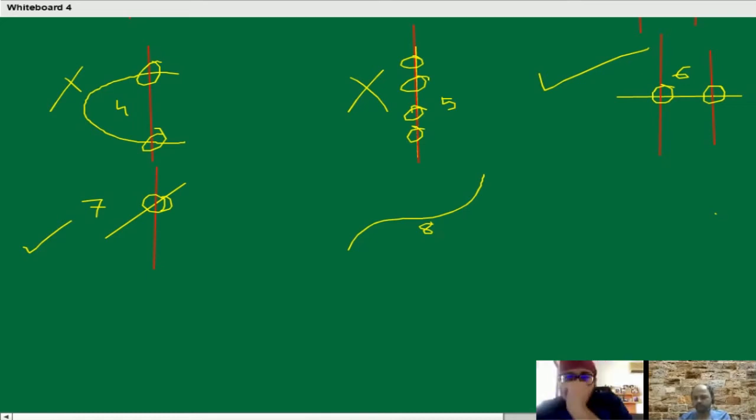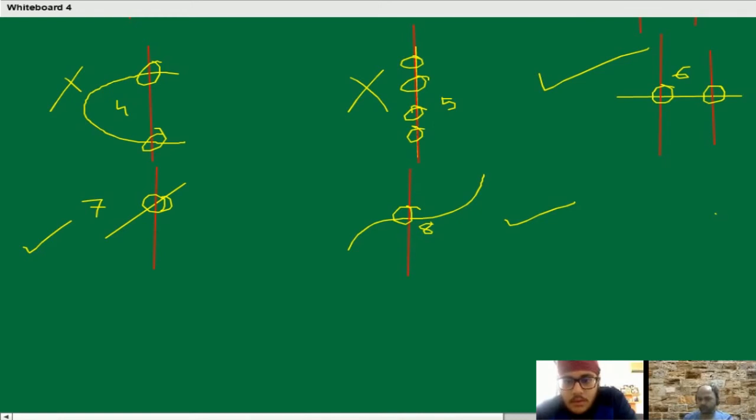Okay, what about the eighth one? Yes, sir. The eighth one is the same. So definitely it will intersect only at a point, so it is also a function.